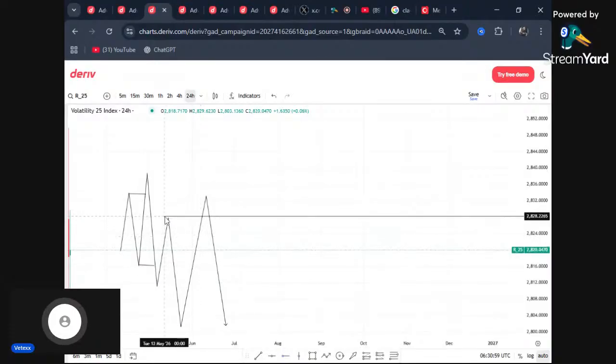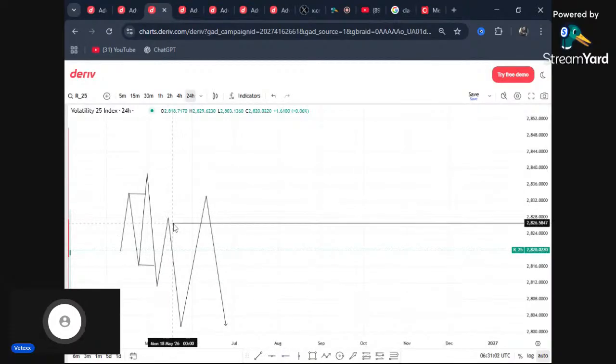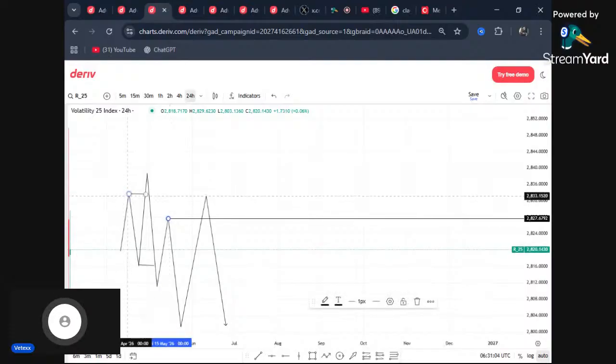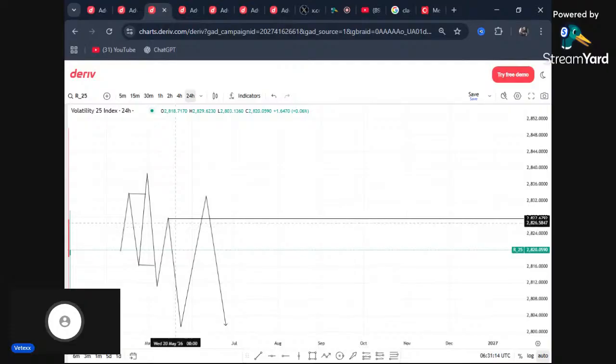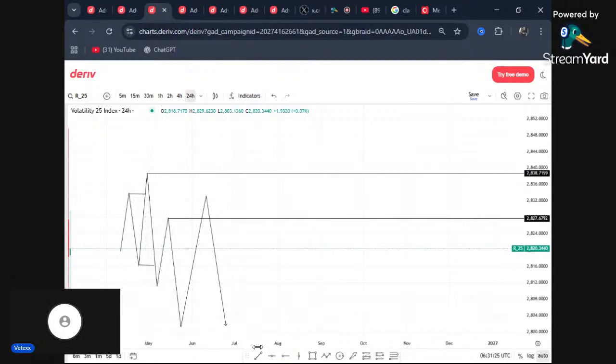This is also known as structural liquidity, which is used for continuation. Transactional liquidity is used for correction, while this is used for continuation. And then we have our protected high right here, and this becomes what?